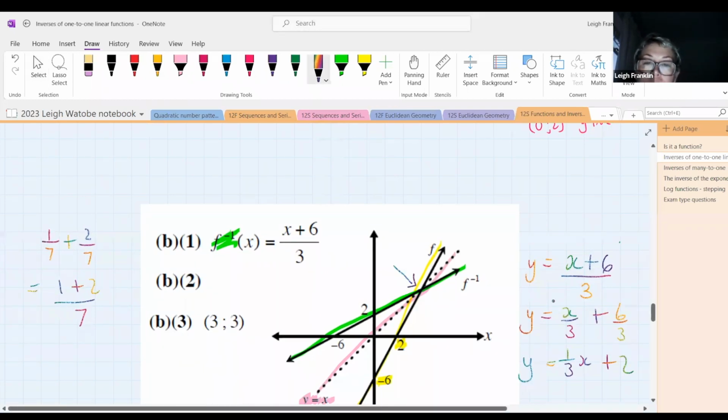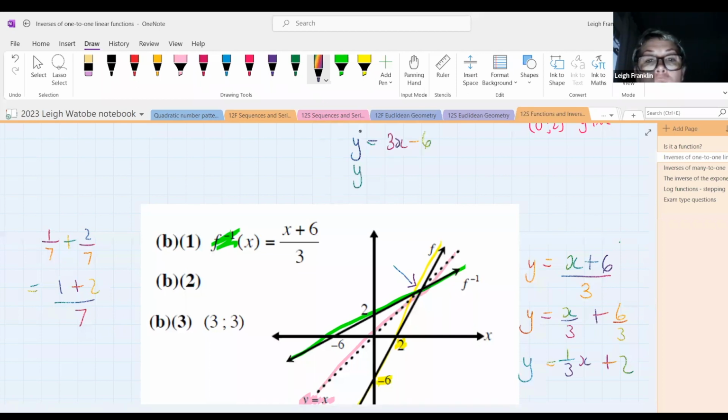Here's the point of intersection, Ola. At that point of intersection, you've got 3 lines going through there: y equals 3x minus 6, the line y equals x, and the line y equals 1/3 x plus 2. It does not matter which combination of the 2 you use.